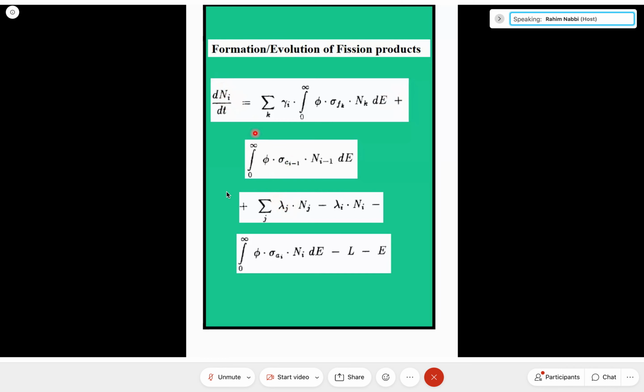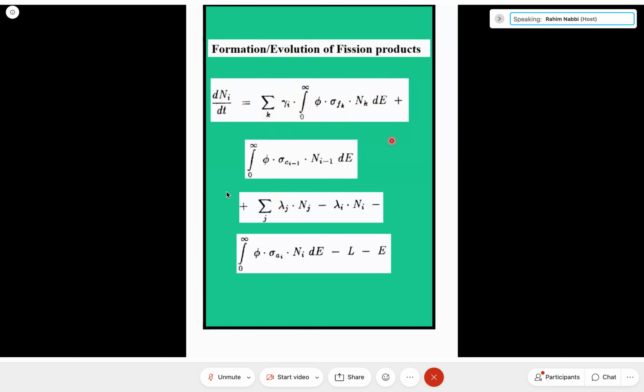Finally, and a very important term in this balance equation, production of this radioisotope or fission product is the fission yield, because every fission product can be produced, as the name says, as a result of the fission process.